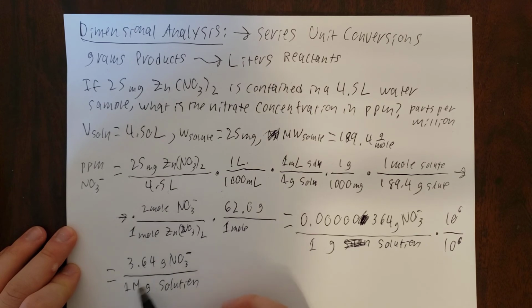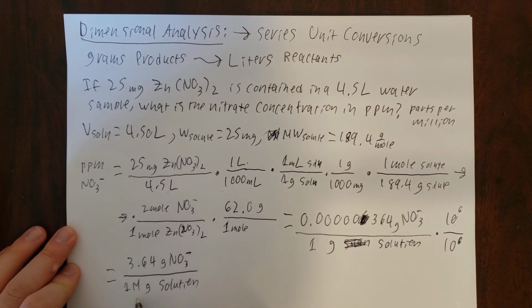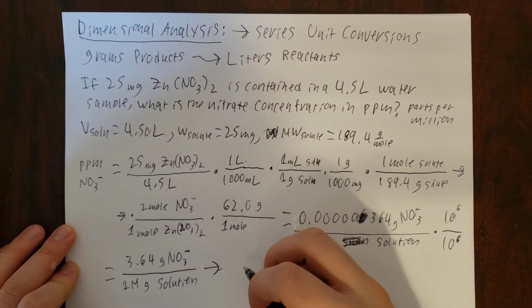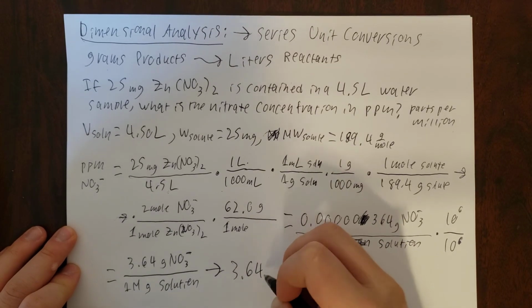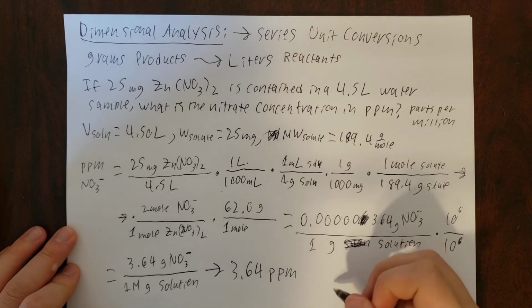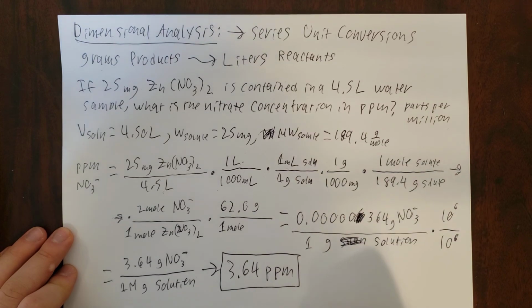And so, parts per million, we have some amount per million. So this means that ultimately we end up having 3.64 ppm, 3.64 parts per million.